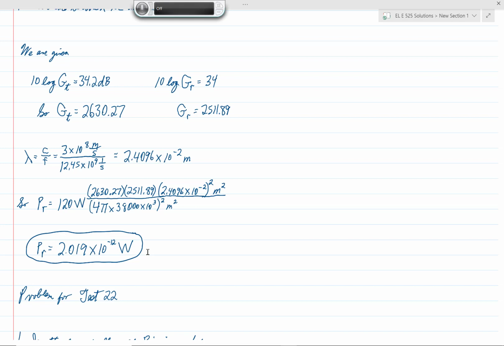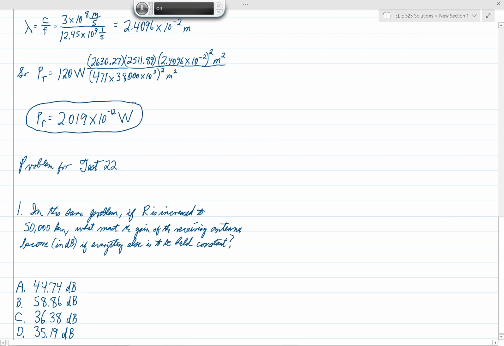And now let's look at problem 1 for test 22. It says in this same problem, if R is increased to 50,000 kilometers, what must the gain of the receiving antenna become in dB if everything else is to be held constant?